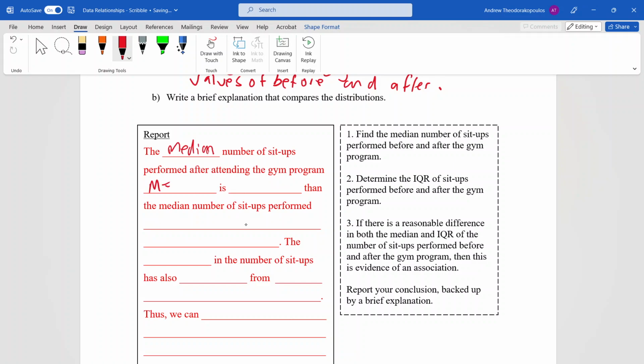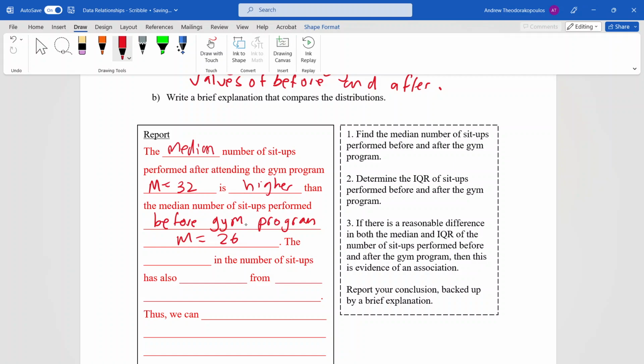Well, once you work it out, I'll get you guys to work it out, but you should get a median of 32 is higher than the median number of sit-ups performed before attending program, before gym program. And the median from before the gym program was 26. Okay, so that was the first thing we did. Talked about the median and which one was higher.